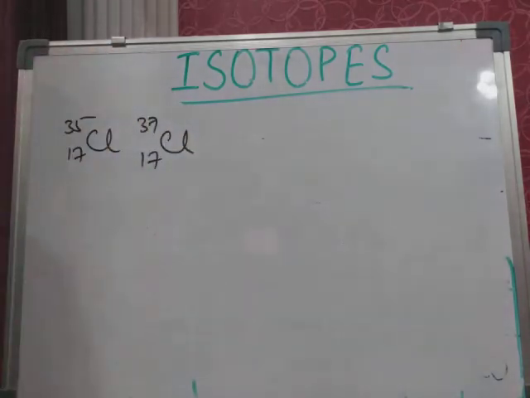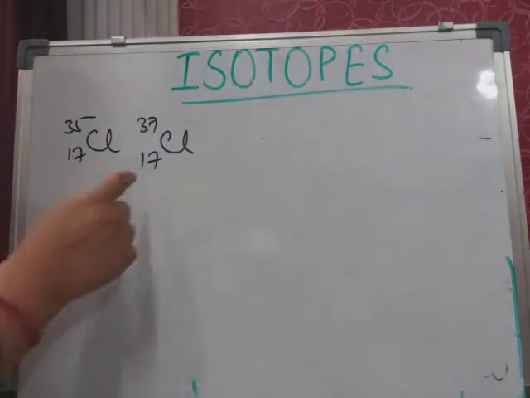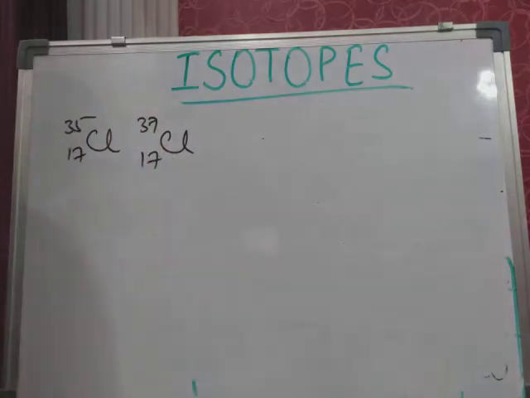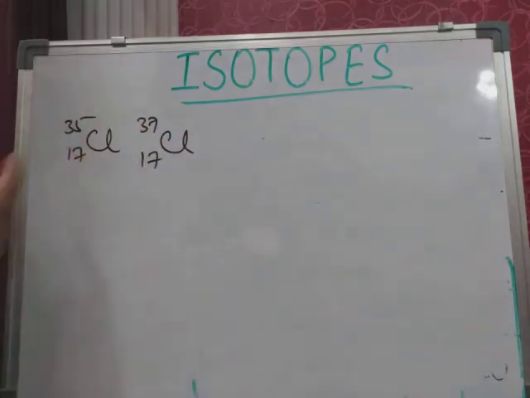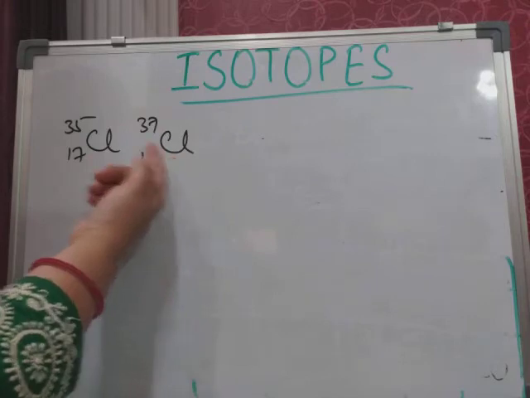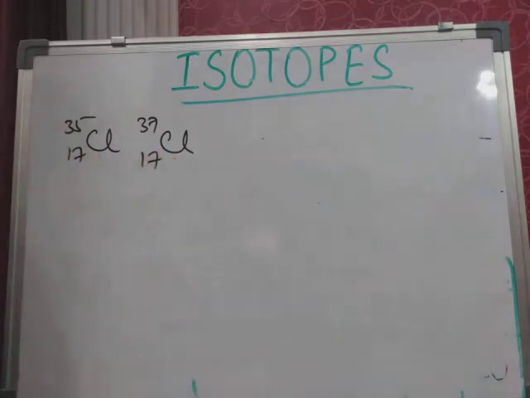These are the two isotopes of chlorine. Chlorine 37 is found 25% and chlorine 35 is present 75%. It means the ratio is 1:3. One part of this and three parts of this are present.